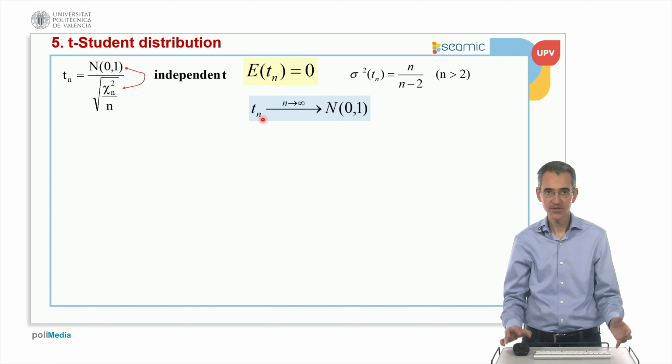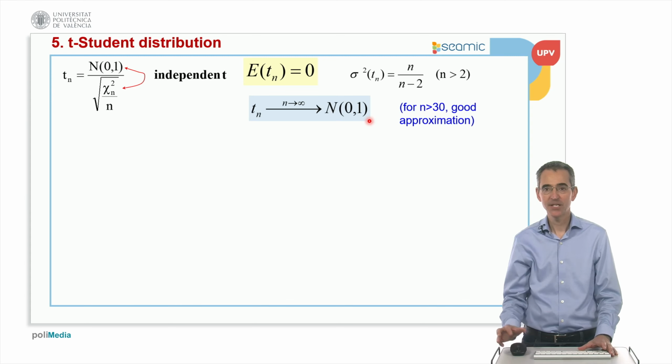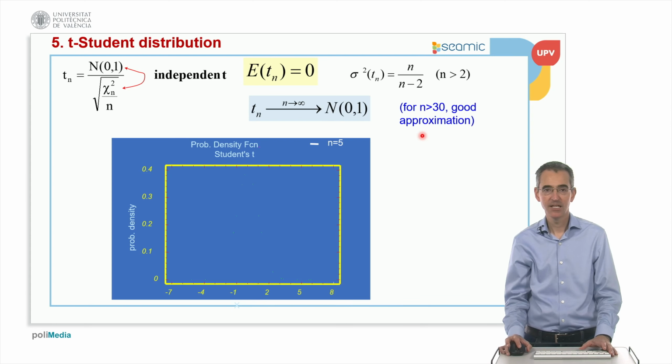The most important rule is that when the degrees of freedom are big, tend to infinite, the student t-distribution tends to the standard normal. But anyway, just for about n of 30 or 40 or 50 more or less, the approximation is good. Well, this is the shape for 5 degrees of freedom.